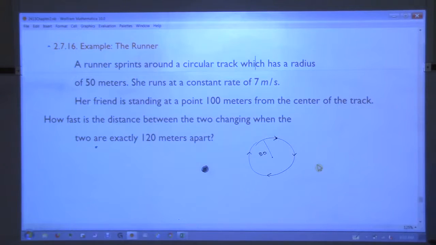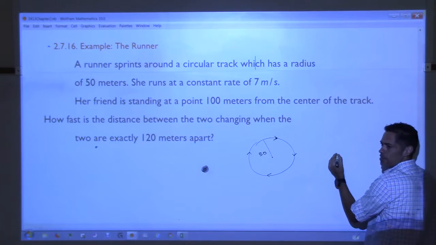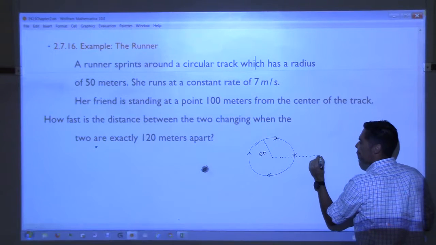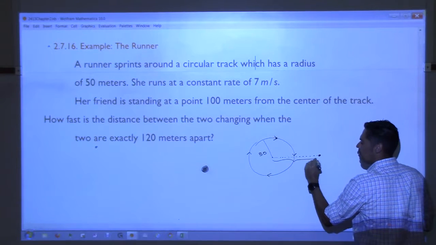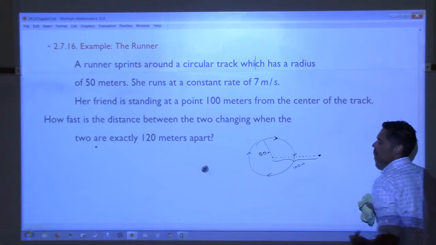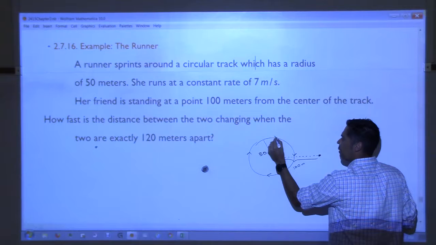So let's orient the friend in a natural way. Let's not put it up here. Let's just go straight out to the right, and put the friend there, and just remember that that's 100 meters. These are meters. And let me highlight where the person is. Here's our person right here.